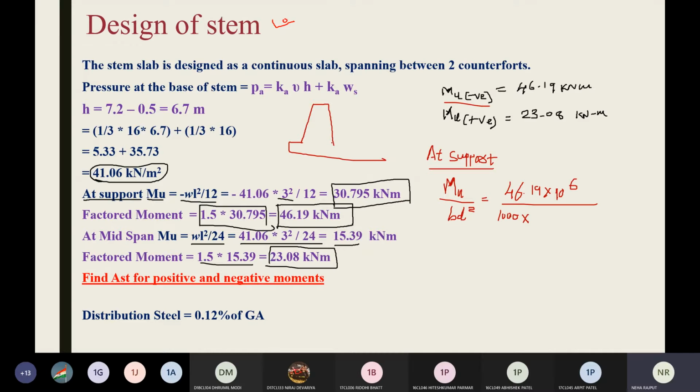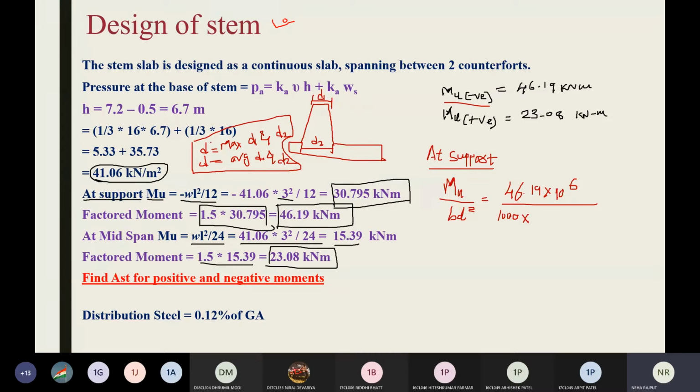Now if this is your thickness, as I explained in cantilever also, this d is either this one, so if I am denoting this as d2 and this as d1, so your d is equal to maximum of d1 and d2, or you can take d is equal to average of d1 and d2. So both are applicable. Whatever value you want to take, maximum or average, you can take. Right.